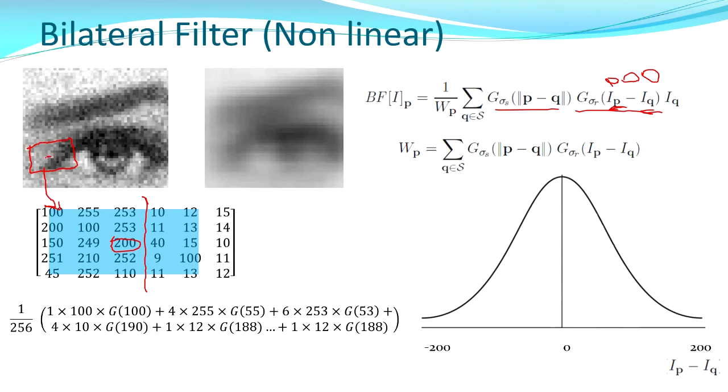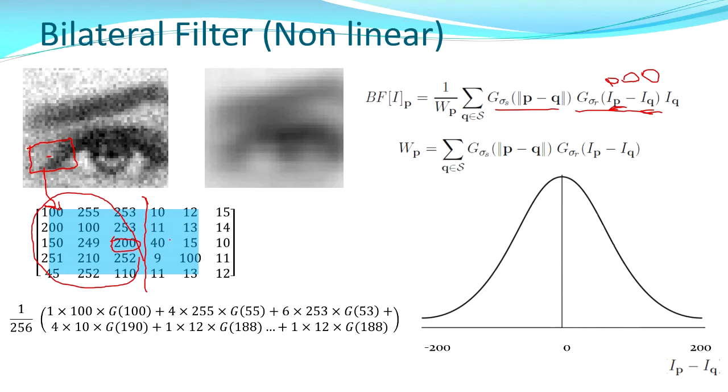Now you can see that this 200 is actually related to this bunch of pixels and it is not related to this other pixel. So these black pixels have nothing to do with this 200, but these white pixels have something to do with the 200. So I want that 200 should be an average of these fellows over here, and you should have no existence of these values in the filter of 200.